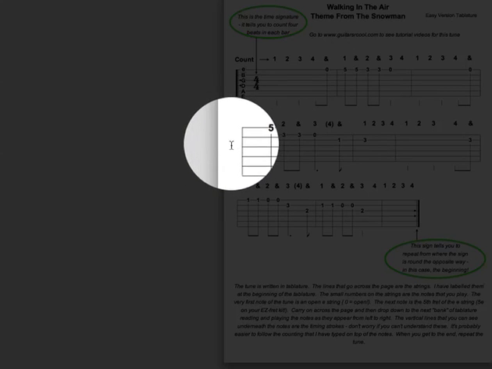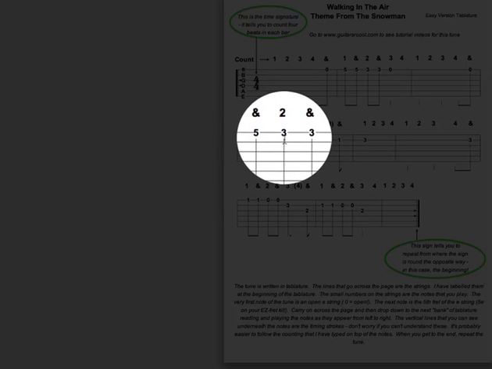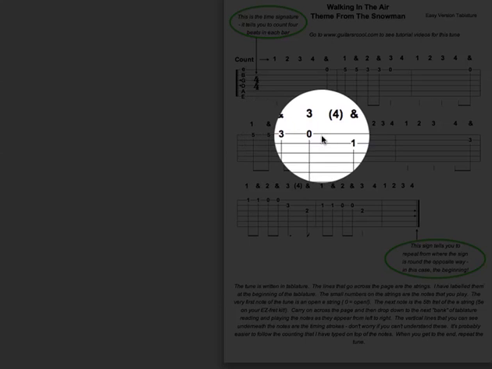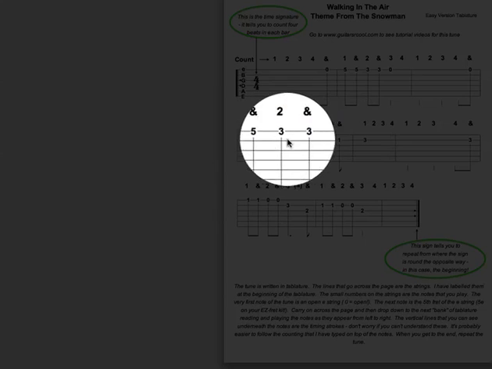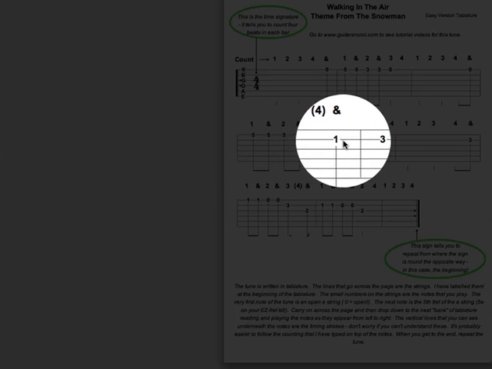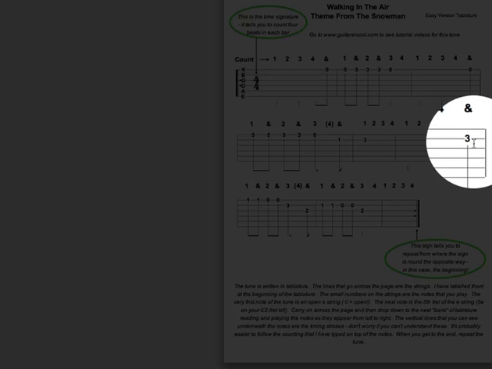When we come down to the second bank of tablature, still on that little E string, 5th fret, 5th fret, 3rd fret, 3rd fret, open, and then we drop down to the B string. You see this number 1 is drawn on the second line, the second string, so it's the 1st fret of the B string. You need to find 1B if you've got an easy fret kit on your guitar. And then we go to the 3rd fret of the B string, 3B, and you play that note again down here.